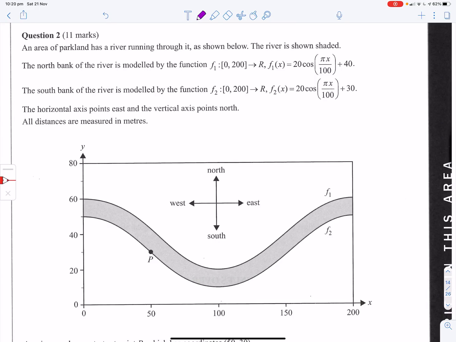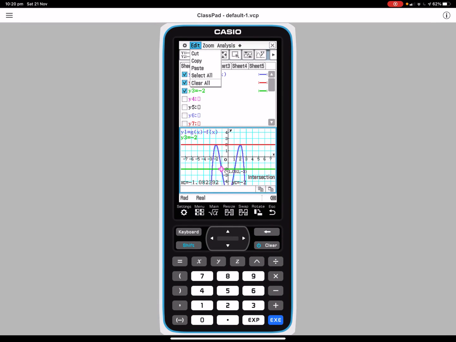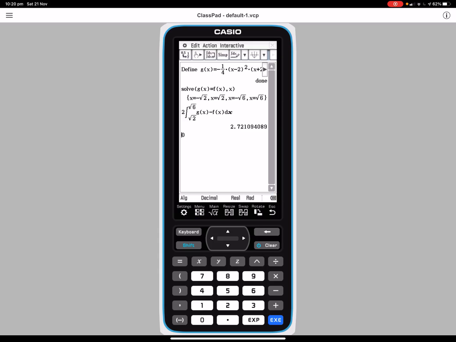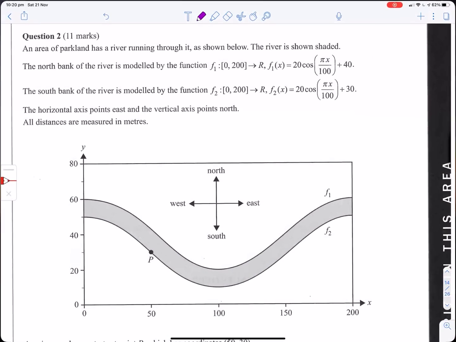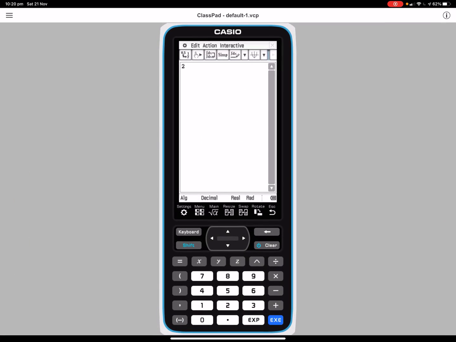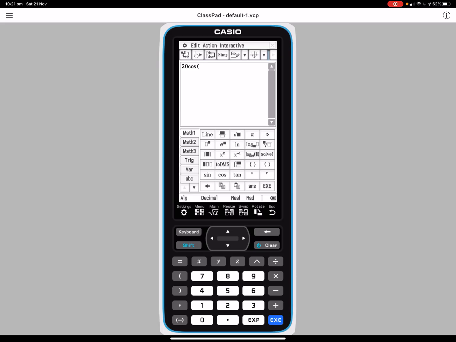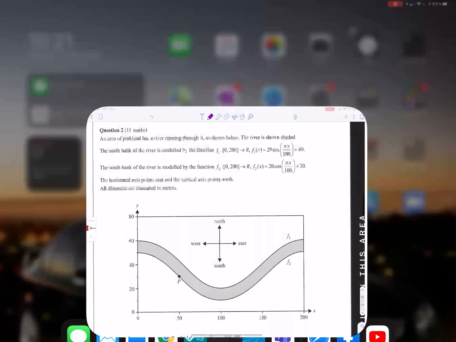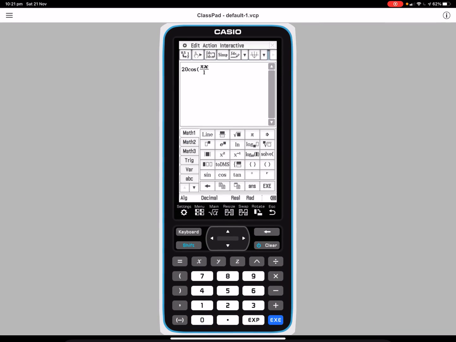Okay, an area of parkland with a river running through it, as shown below. The river is shown shaded. The north bank is that. Okay, so let's clear whatever we've got in our CAS. What was it? 20 cos(pi x on 100) plus 40.